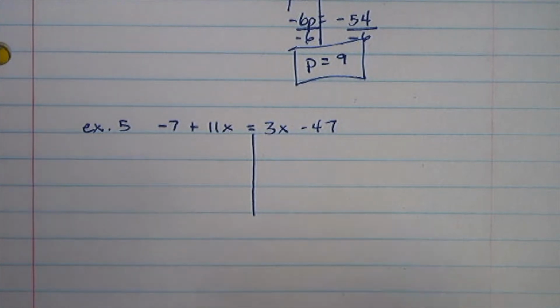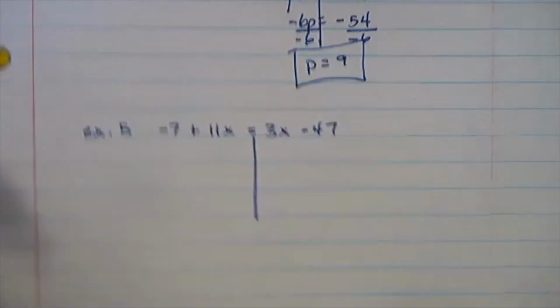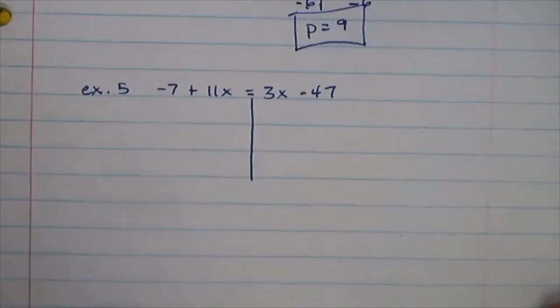And now as we do more and more of these, you'll kind of learn the patterns. And so you don't have to think as hard or even show as much work. But for right now, obviously I'm going to show what's going on, right? So the first terms I want to get together are my variables. So I need my x terms, my 11x and my 3x, to somehow get on one side of the equal sign together.